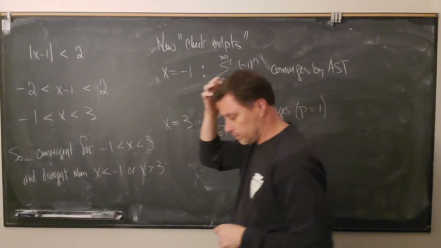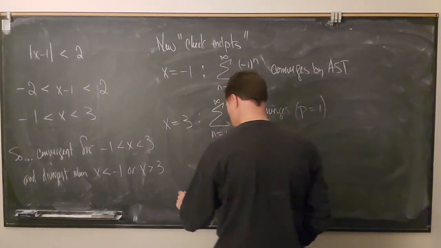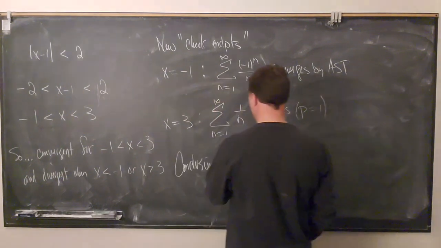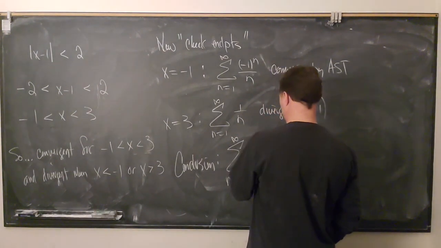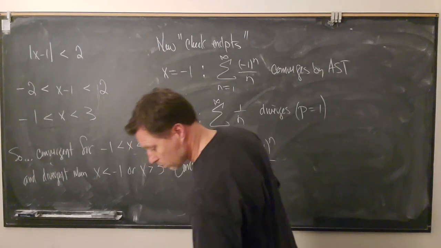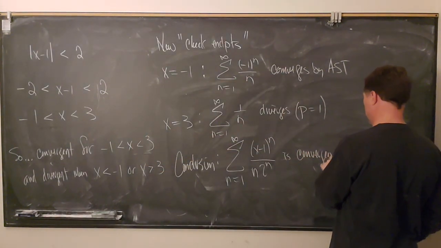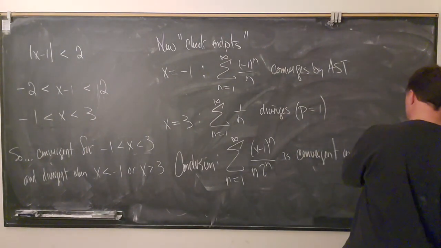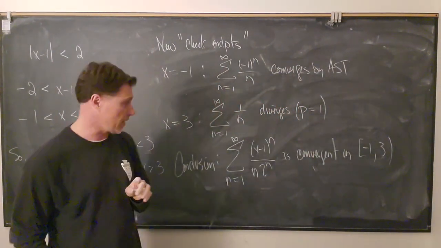So the final conclusion is that our power series is convergent, and we write it this way on the interval from -1 to 3, where I include -1 and I exclude 3.